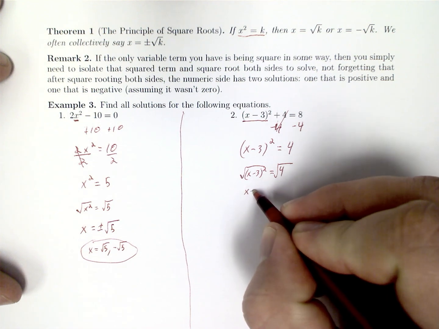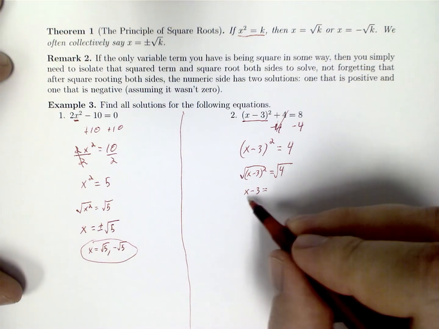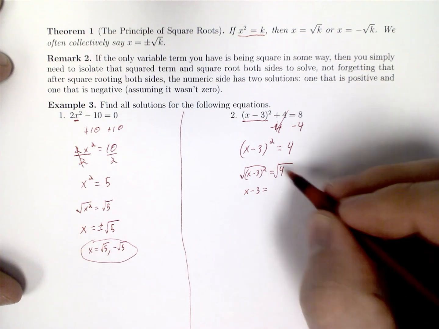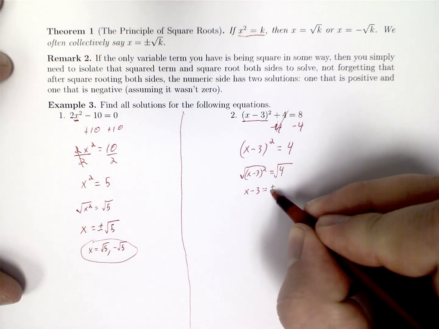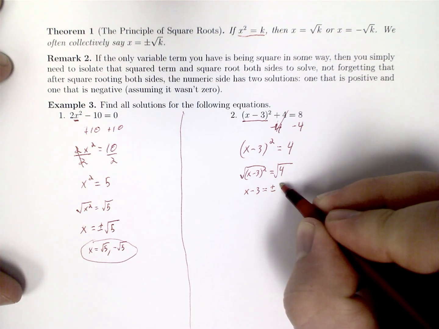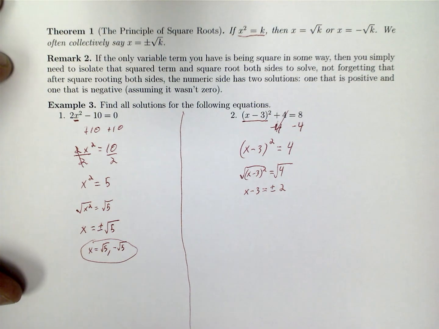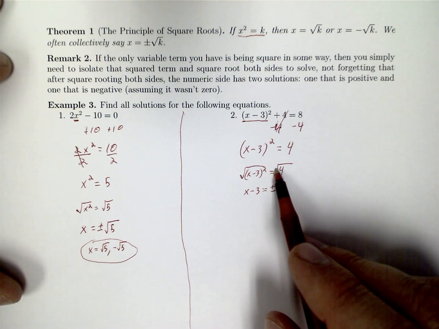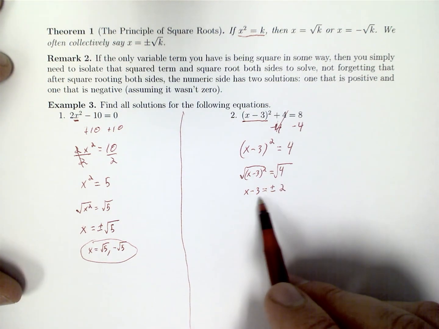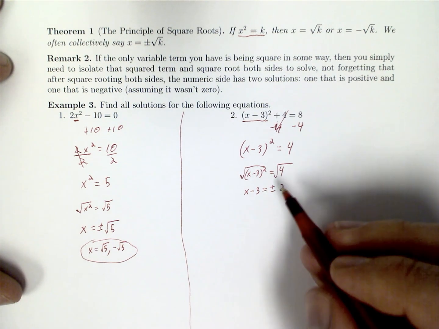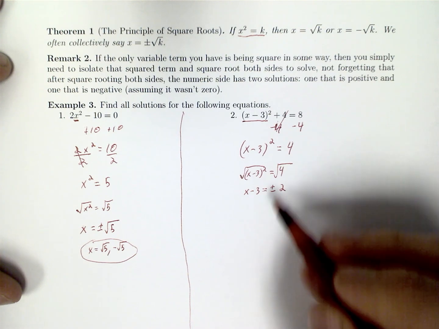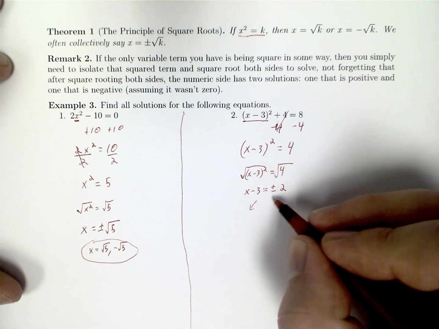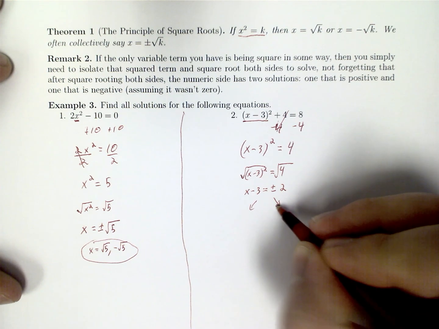But once we get rid of the square and the square root on this side, this becomes a plus minus, and then the square root of 4 is 2. So this is where I recommend, once the square root goes away, separate it into two equations. It's a good rule of thumb.